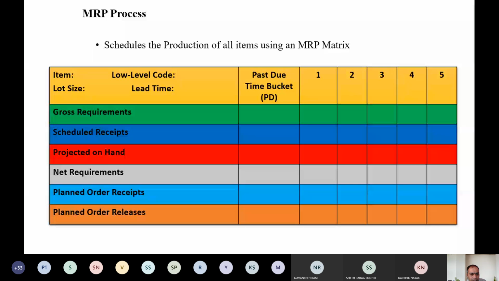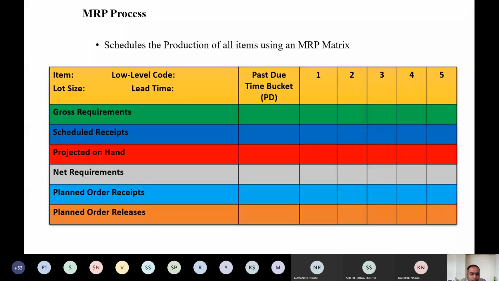Let's check gross requirement. This MRP matrix will be for each and every component. If you are building a big assembly, this will be done step by step.